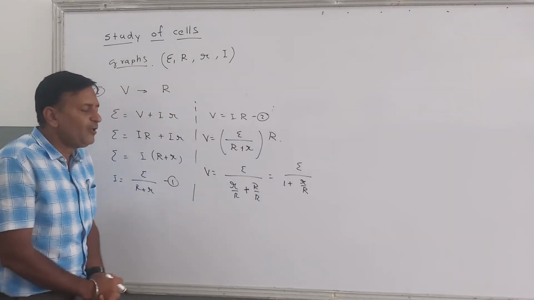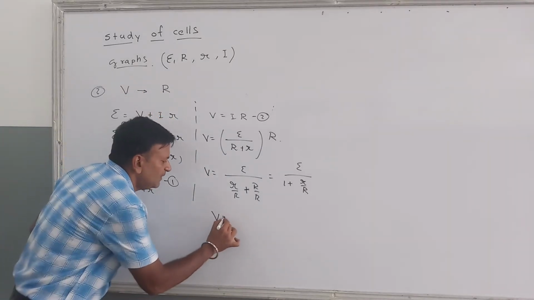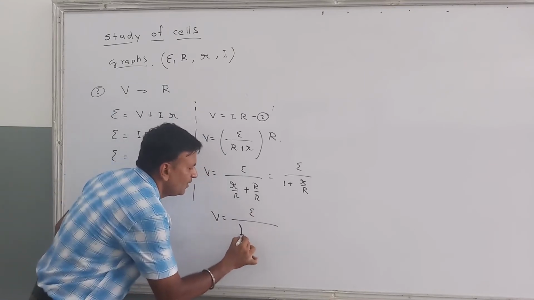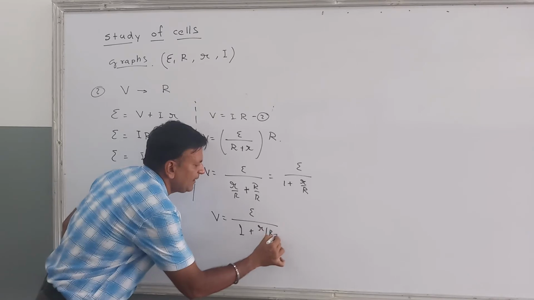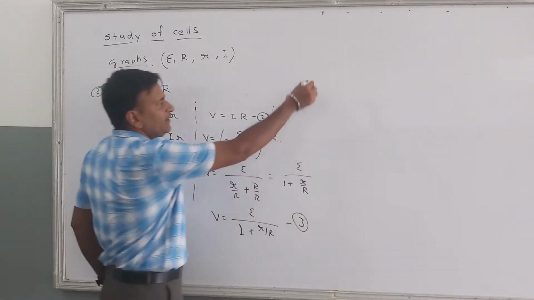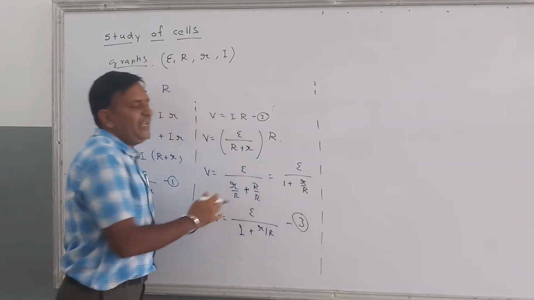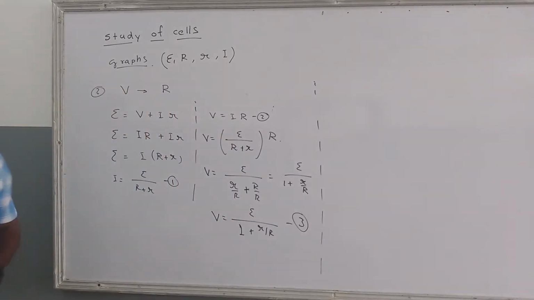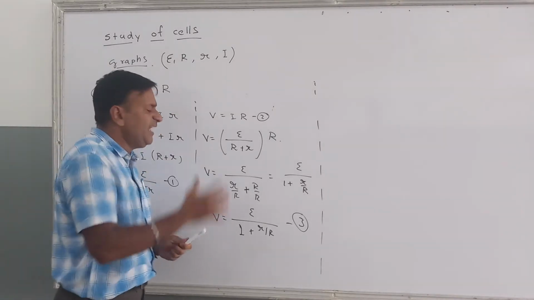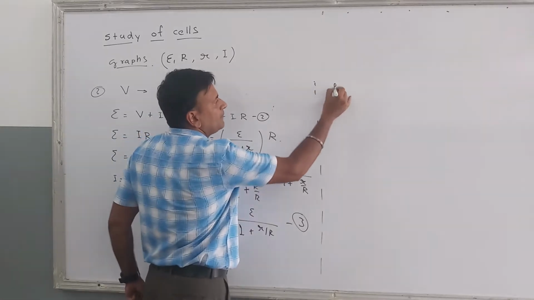So finally the equation I get is V equals epsilon over 1 plus r by R. This is equation number 3, the useful equation, and in this equation there are three possibilities.